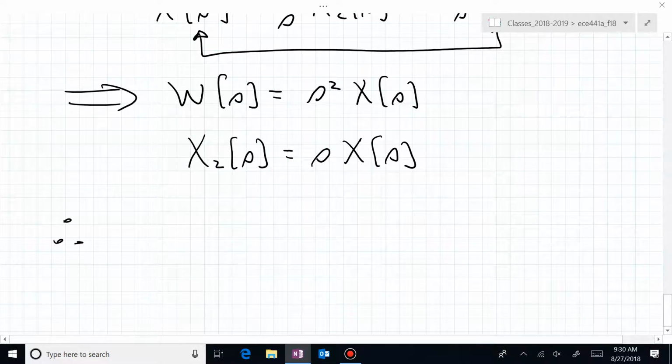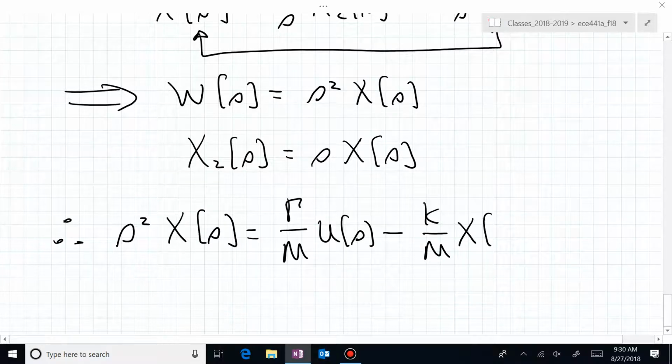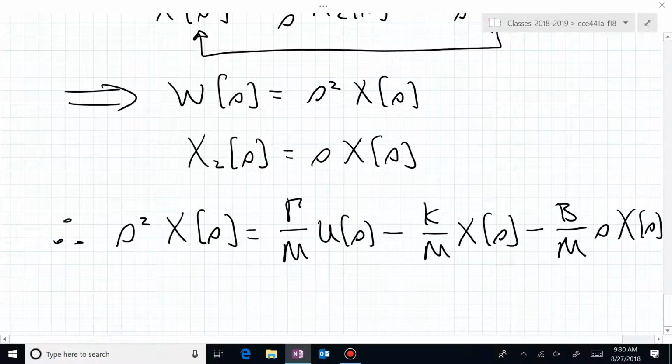Now we have s squared x of s is equal to gamma over m u of s minus k over m x of s minus b over m s x of s.